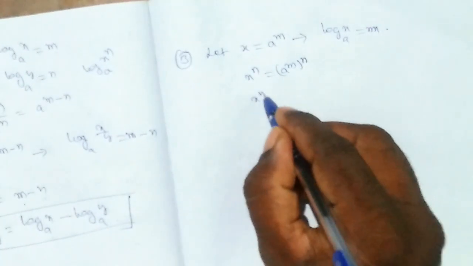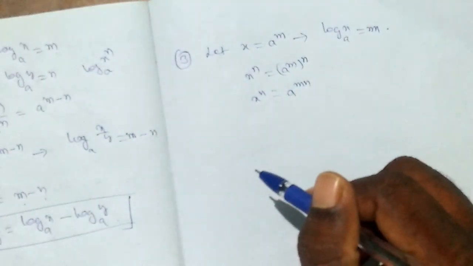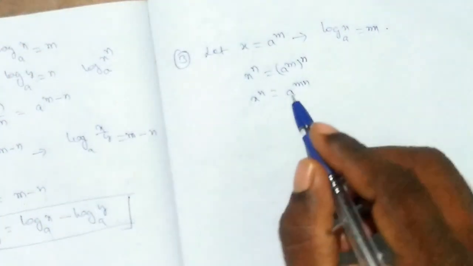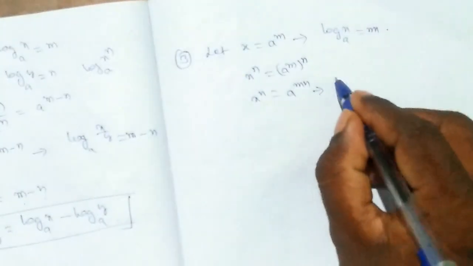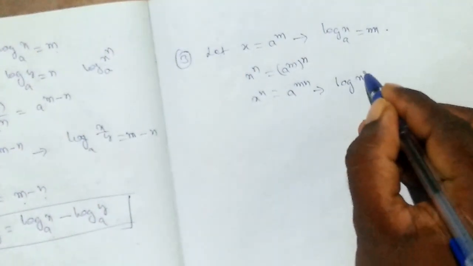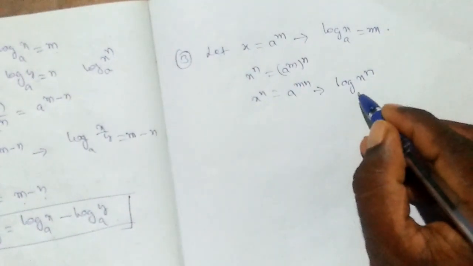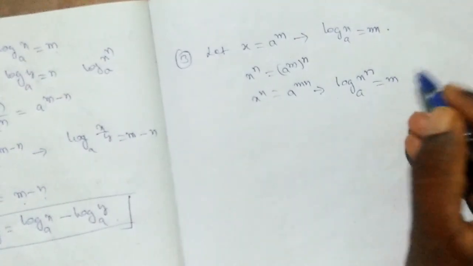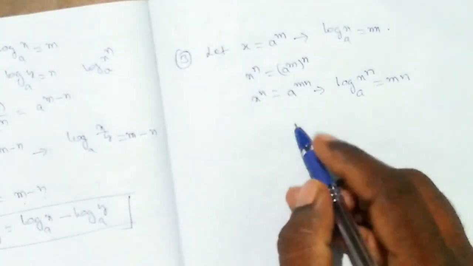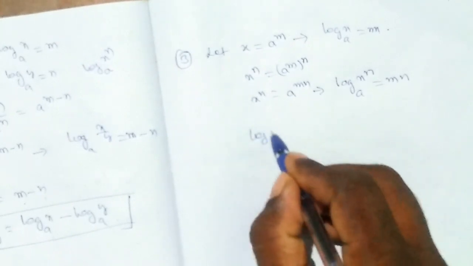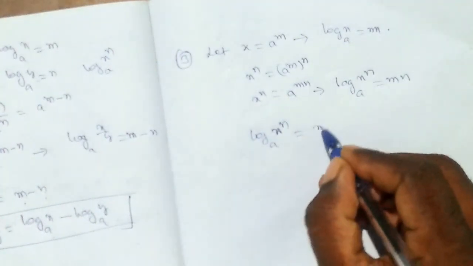So x to the power of n is equal to a to the power of mn by using the exponential law, we know that. So how can we write this in logarithm form? Log of x to the power of n base a is equal to mn.